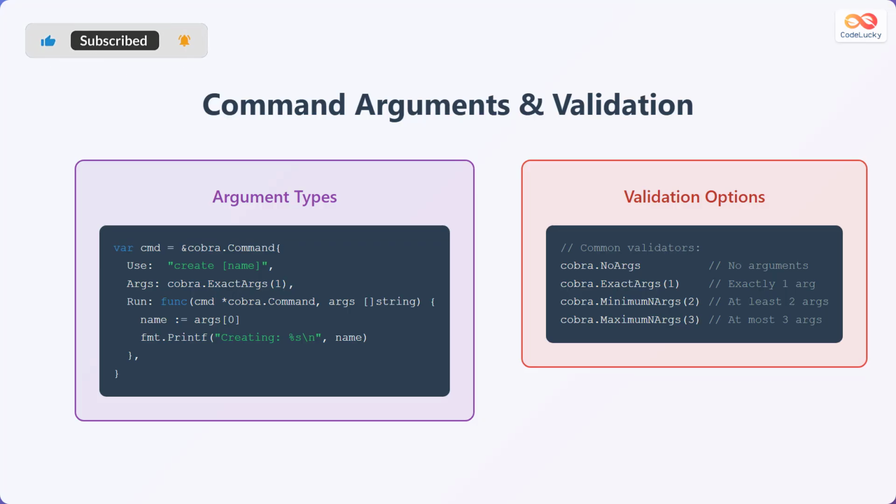MinimumNArgs ensures at least a certain number of arguments, and MaximumNArgs limits the maximum number. In your command's Run function, arguments are available through the args slice parameter. You can access individual arguments by index, with the first argument at index 0. This argument validation happens automatically before your Run function executes, ensuring your command receives properly validated input.